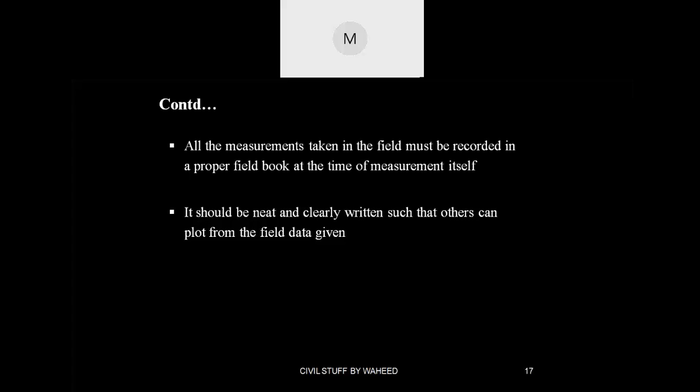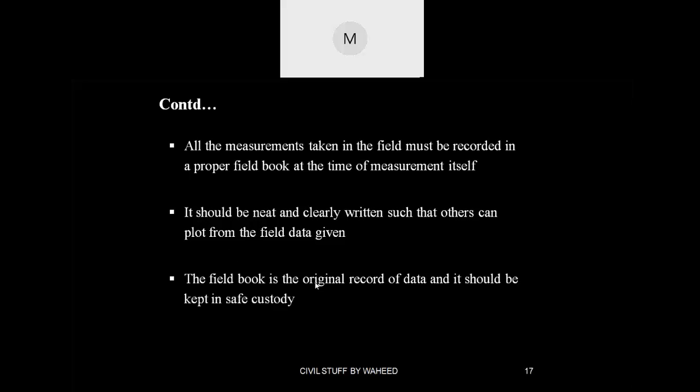If any mistake has been made, you have to round it up and put an initial sign that you have made a mistake and corrected it.